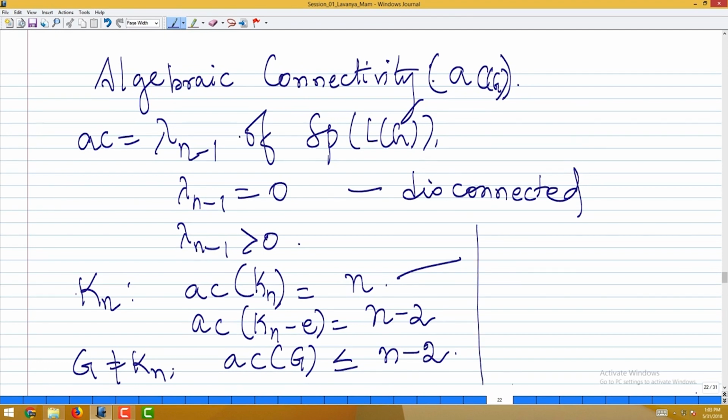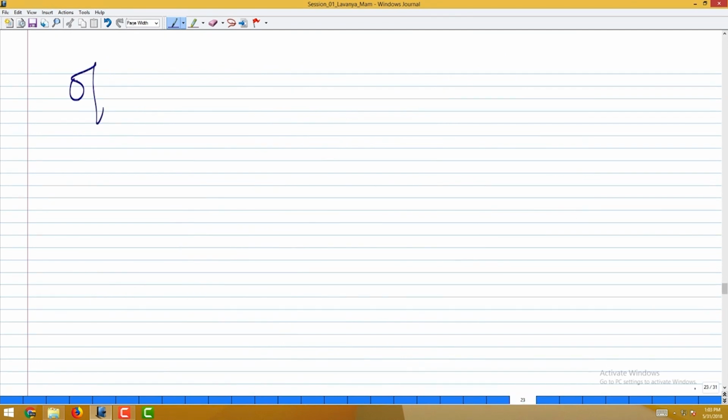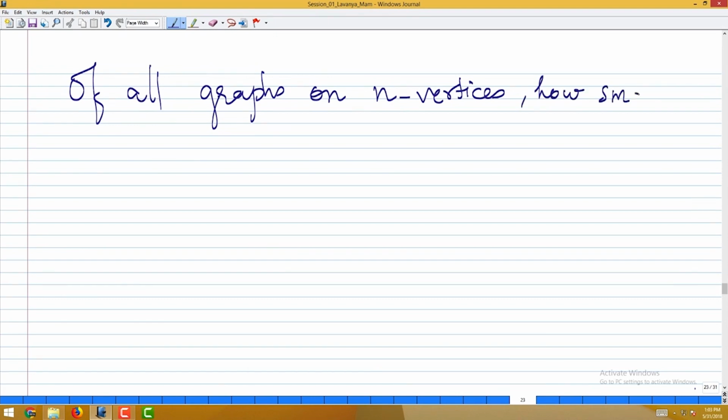So, the next question is, of all graphs on n vertices. Now we are focusing only on n vertex graphs, so there is a range of possibility for this collection. In this collection, how small can my algebraic connectivity be?